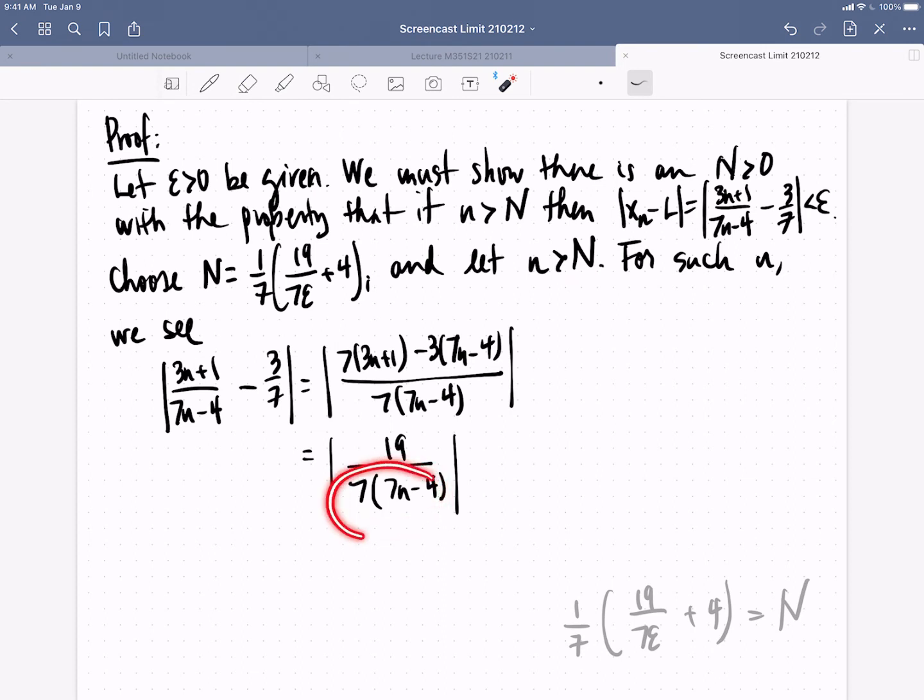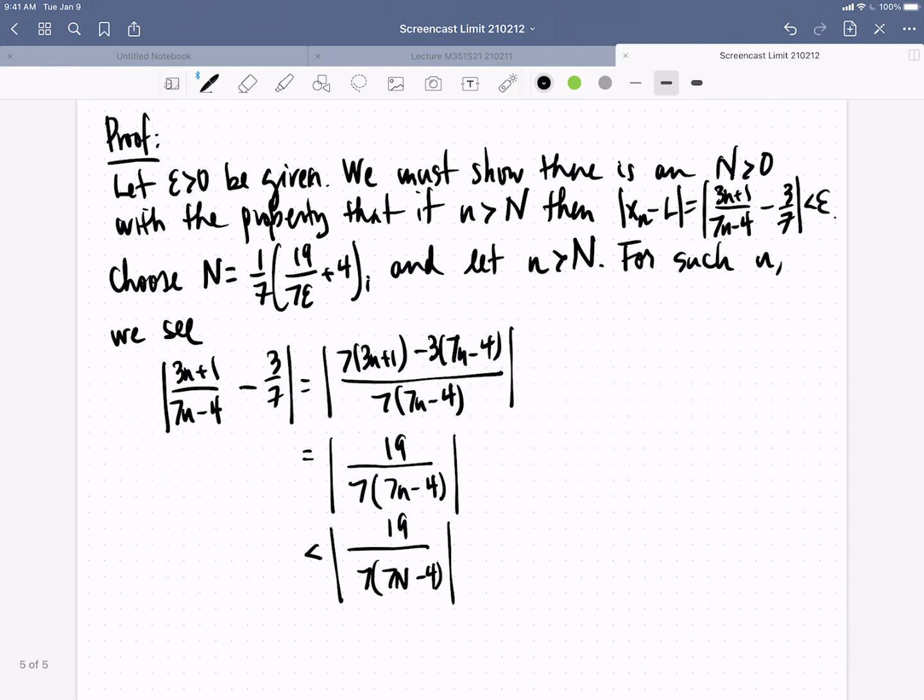And if I make my denominator smaller, it makes the whole thing bigger. So I'm going to get something bigger if I replace little n with big N. There's my N. Now I'm subtracting 4 from that.